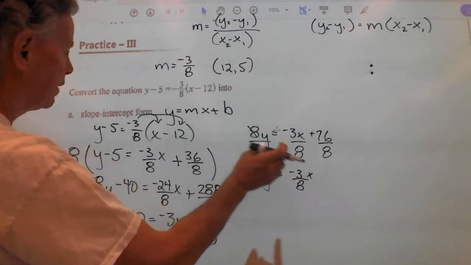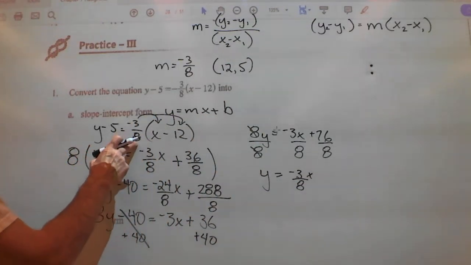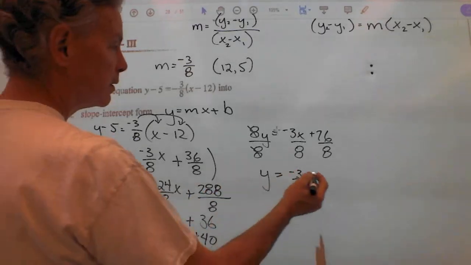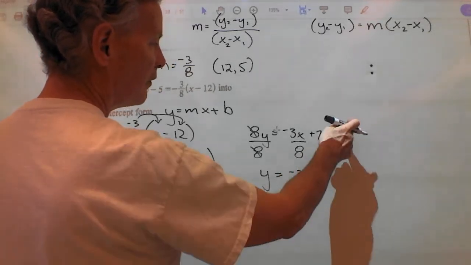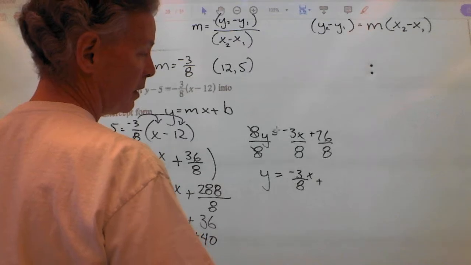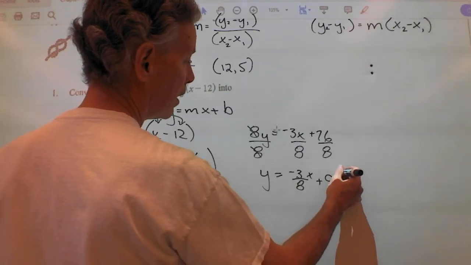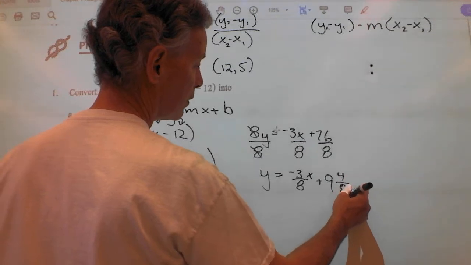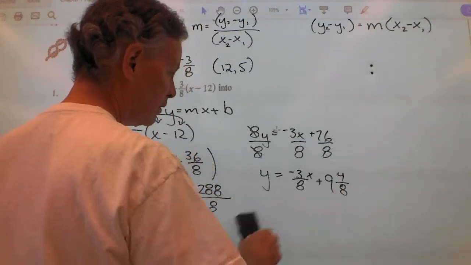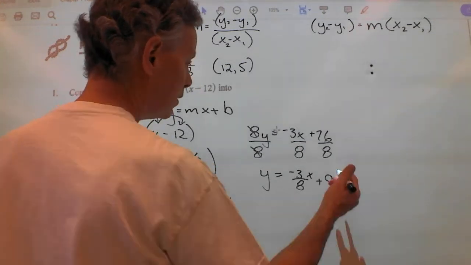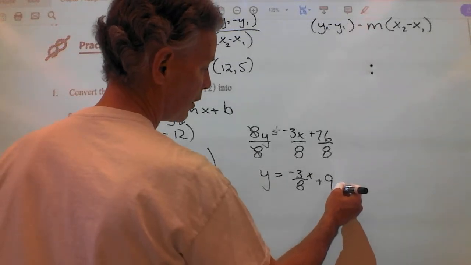If you get to the end, check and see if you have the same slope that you had to begin with. Plus 76 over 8 would be 9 4/8, or more simply, 9.5.